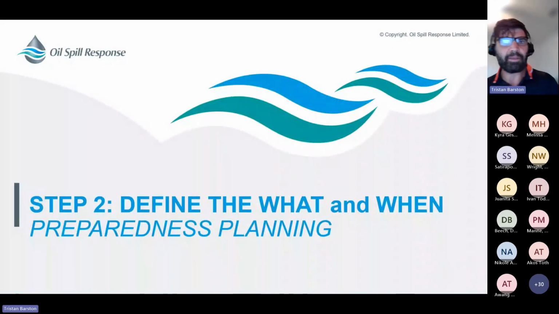So that's step one. We're looking at our risks. We've looked at our operation. We've looked at what we do. We've looked at the region that we're operating in and what could be impacted if we do have an incident. We've looked at our current preparedness planning, our documentation, our teams, our on-site resources.